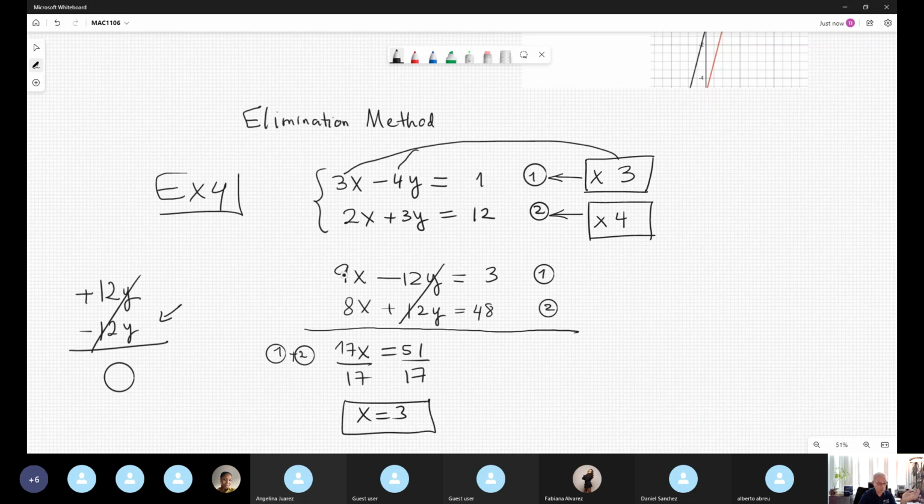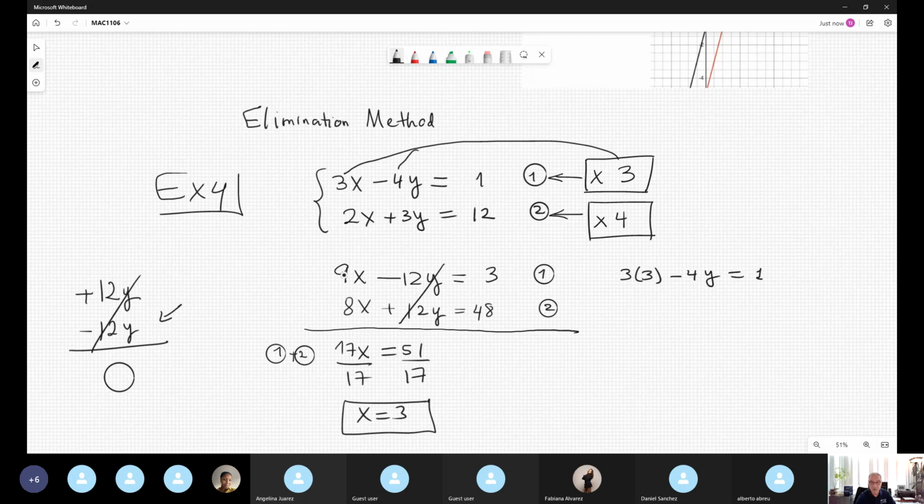I finished, no? In order to find the y value, you plug in x equal 3 in either equation 1 or equation 2. I select equation 1, because I like it, suppose. So you replace x with 3. So 3 times 3 minus 4y equal 1.